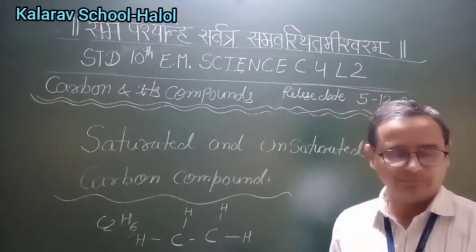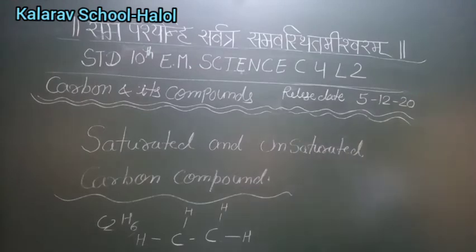Is it clear? Just see further. The example of the structure of ethane is as shown on your board. Three valencies of each carbon atom remain unsatisfied, so each carbon bonds to three hydrogen atoms.